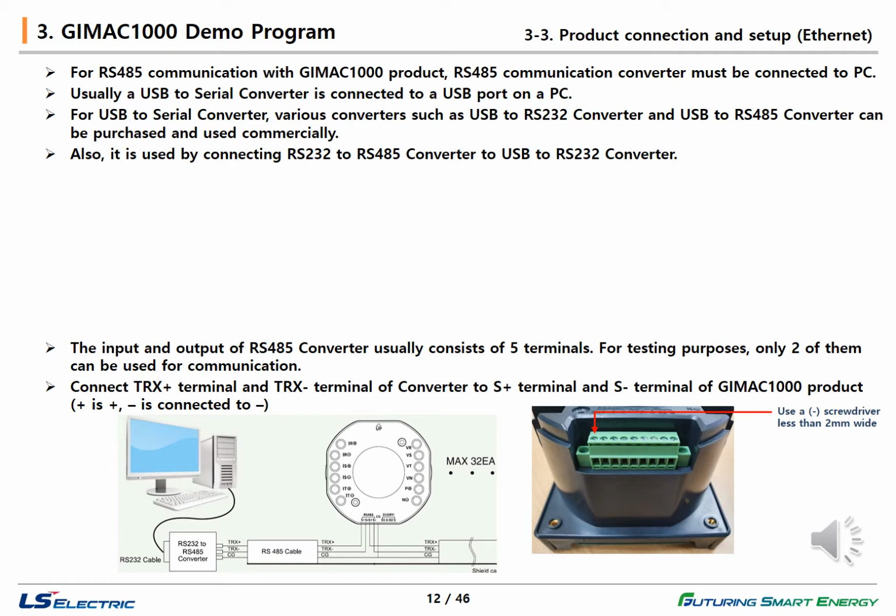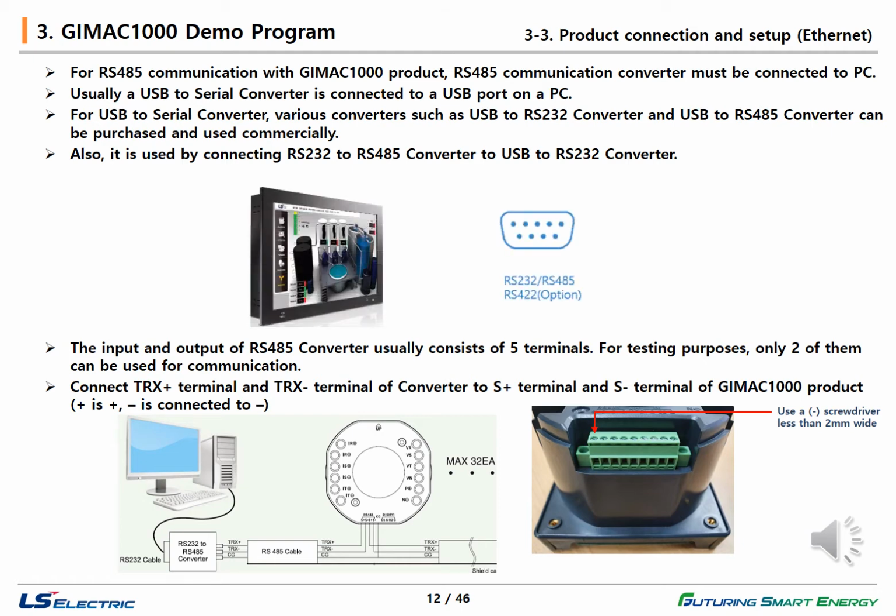Next, let us learn about RS485 communication connection and settings. In order to communicate with the GMAC1000 RS485 communication product, the PC must have an RS485 communication port. The PPC for TWS is equipped with one RS485 port.